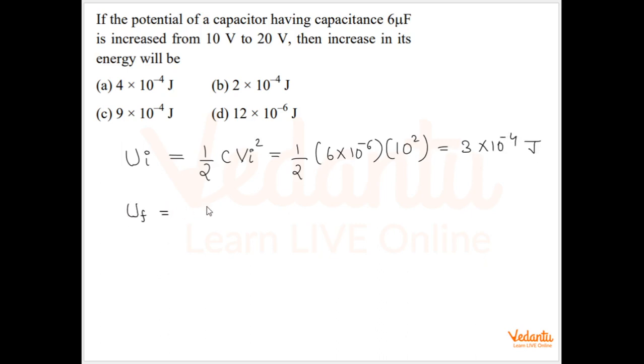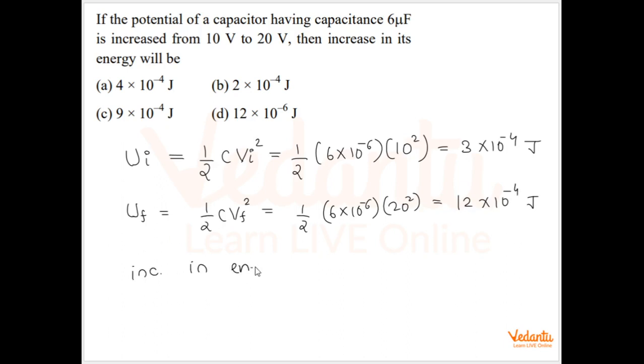Finally, my dear bachalo, the energy will be half into 6 into 10 power minus 6 into 20 square, because the potential difference is 20 volts. That will come out as, my dear bachalo, 12 into 10 power minus 4 joules. So what will be the increase in energy?